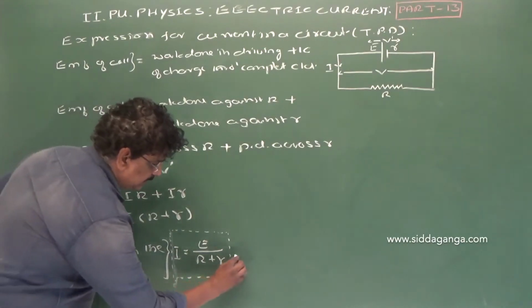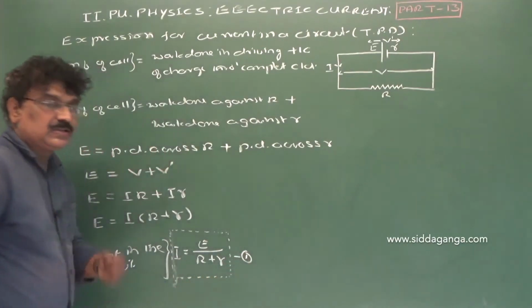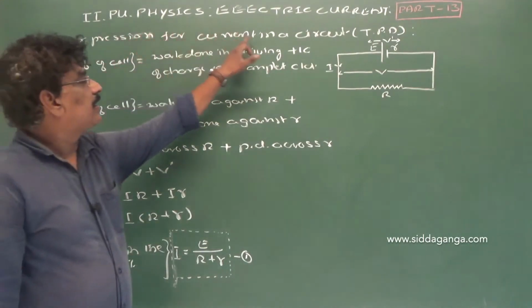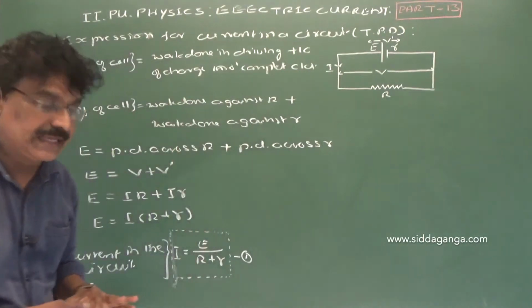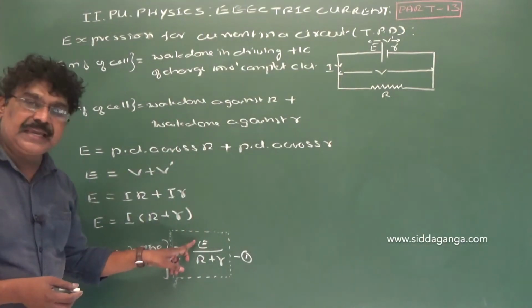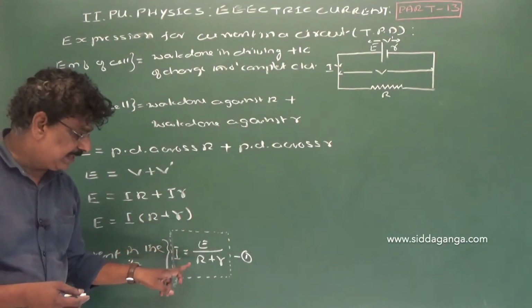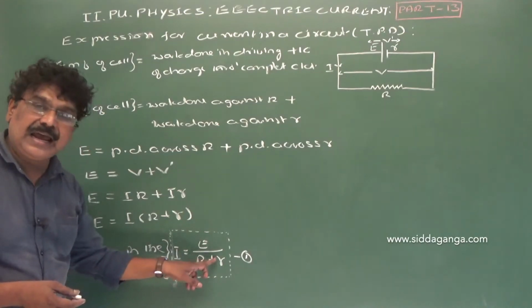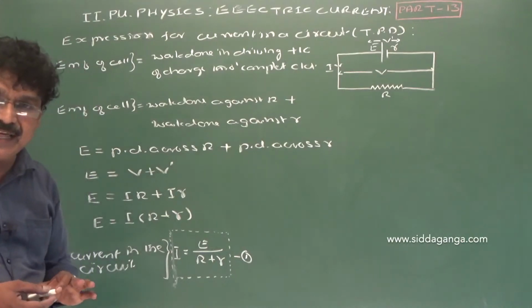Let us take it as equation 1. So this is the expression for current through a circuit where E is the EMF of the cell, R is external resistance and small r is internal resistance.